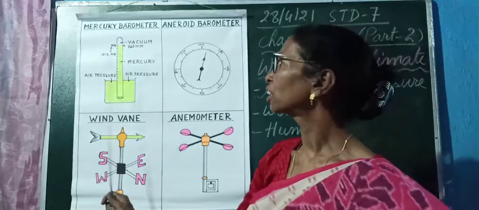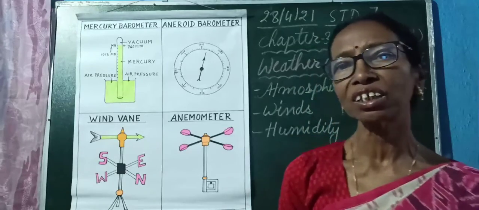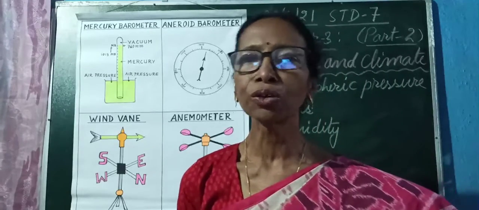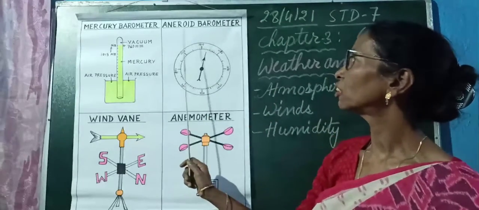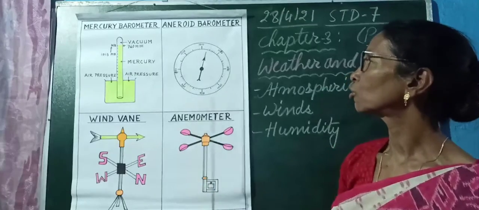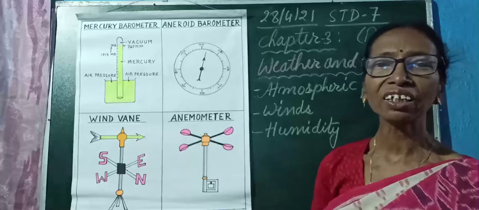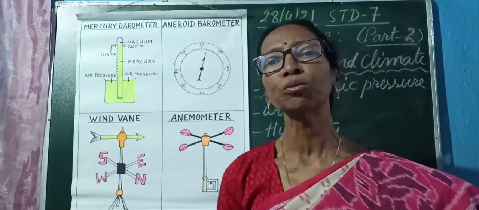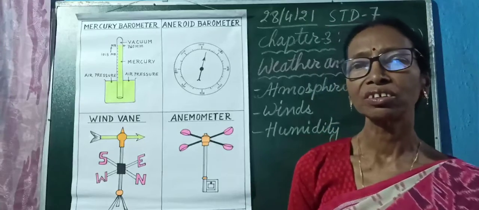But the mercury barometer is inconvenient to carry, and therefore it is not so common. But another barometer, the aneroid barometer, is an instrument circular in shape, and inside it there is a metal box, and that is connected with a pointer.